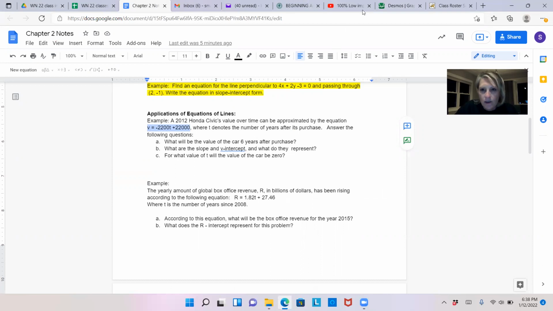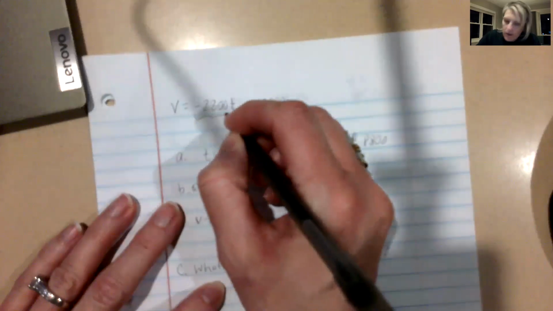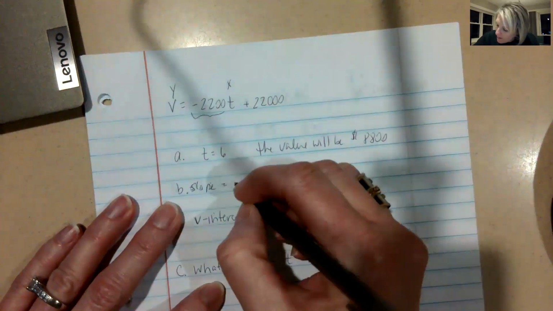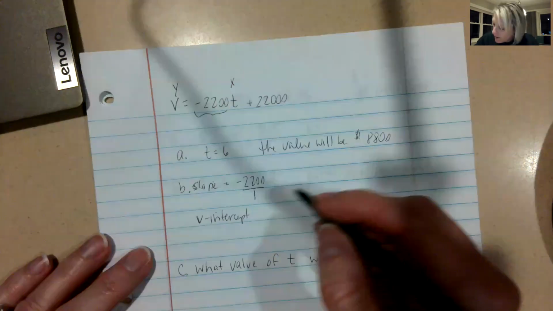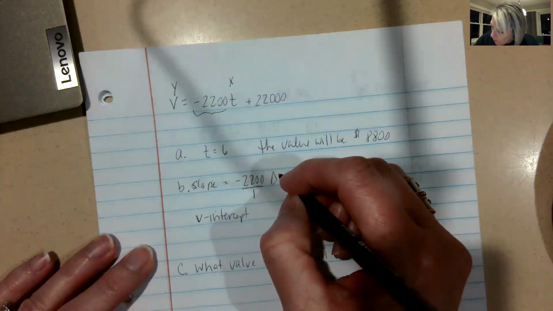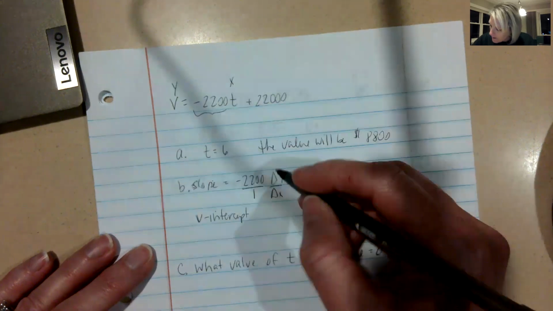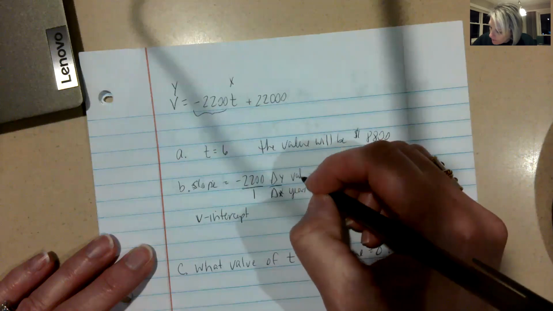The next question in our note says, what are the slope and the y-intercept, and what do they represent? Let's go ahead and I'm going to share my paper so that we can write this down together here. So the slope is the value attached to t, which is usually our x. And the slope is negative 2,200 over 1. And the slope is, remember, change in y over change in x. And our x is our t, our years, and our y is our value.